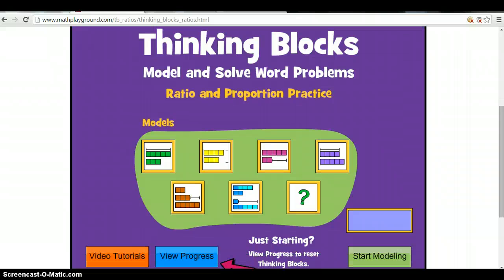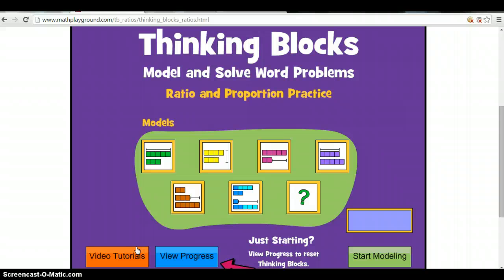And they have a particular portion set on ratio and proportions. This is a different website where students can go through video tutorials. They can view their progress once they start actually participating in different problems. They can look at different modeling methods. They can see why their answer was incorrect.